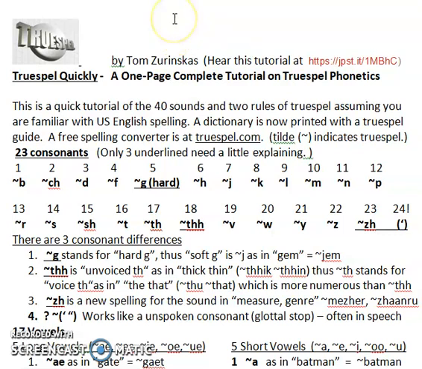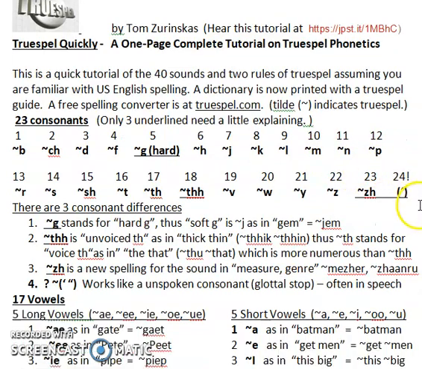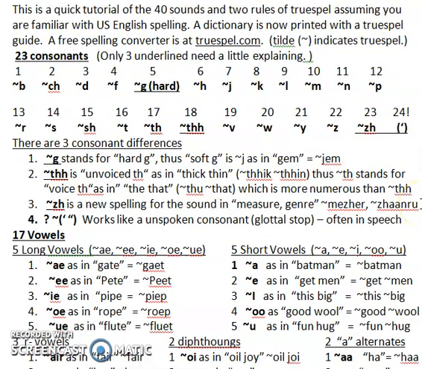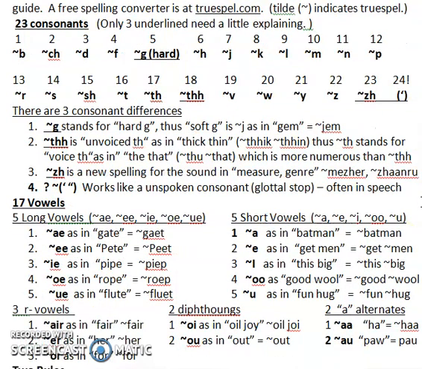So this has only been 10-15 minutes or so, and you do have to practice your Truespel to hear the sounds and spell them. Each of the 40 sounds, you spell one way, and they're going to be a little tricky.